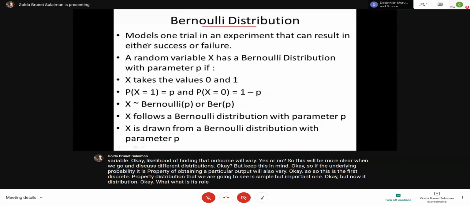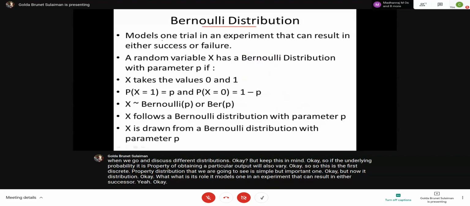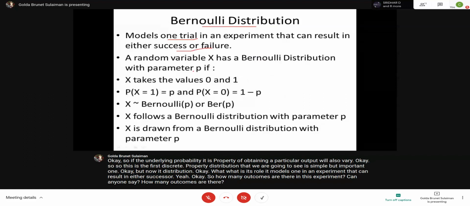It models one trial in an experiment that can result in either success or failure. So how many outcomes are there in this experiment? Can anyone say? How many outcomes are there?